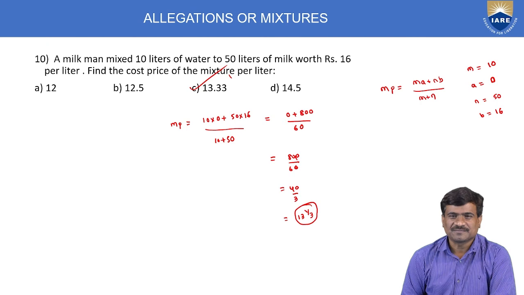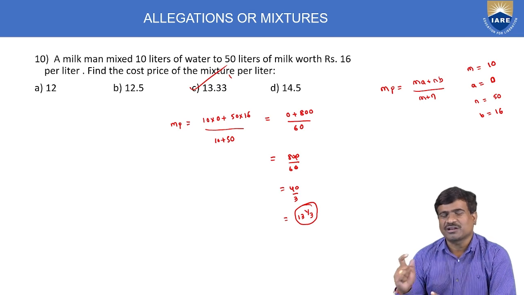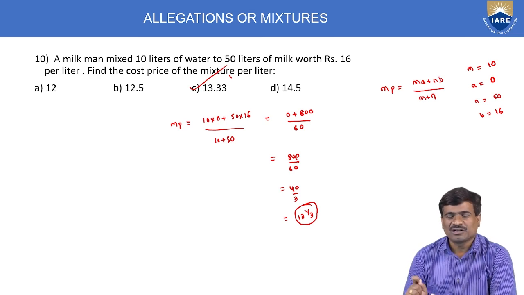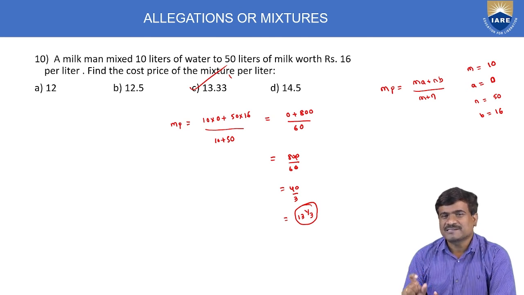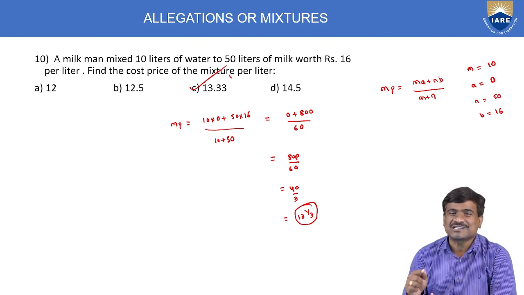Second, note the water and milk concept. First notation: all the statements are converted into 1 liter of cost price. Quantities you always need to convert into 1 liter. Price is also converted into cost price, but not selling price.